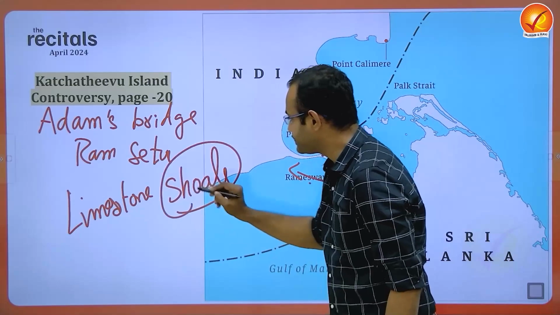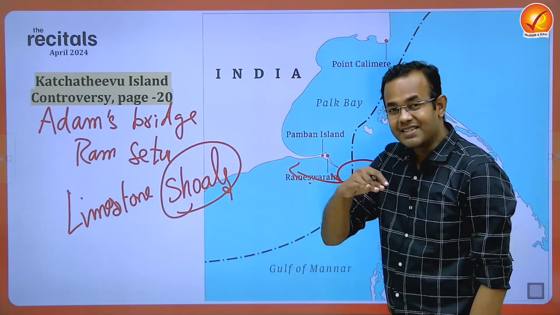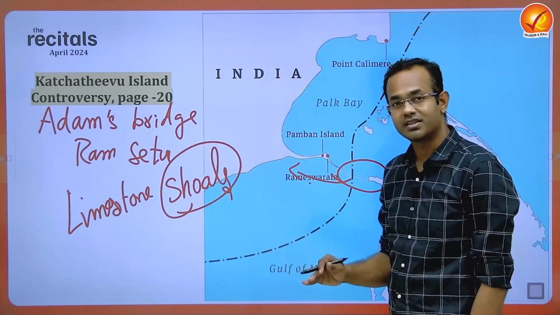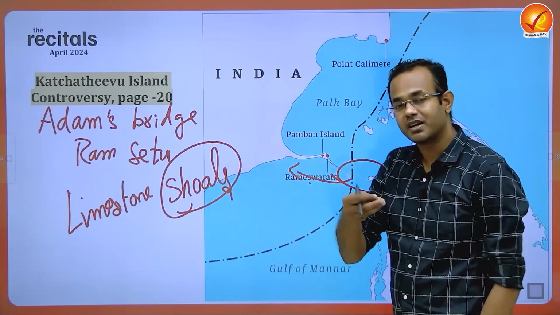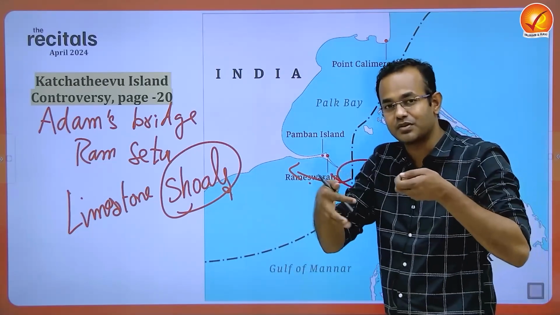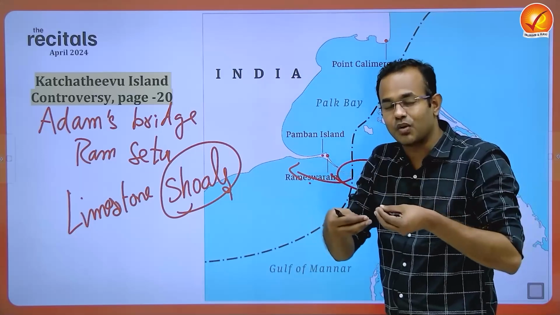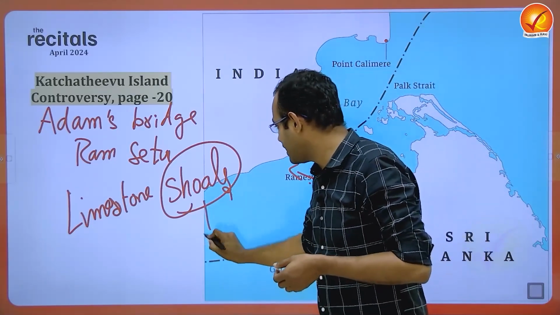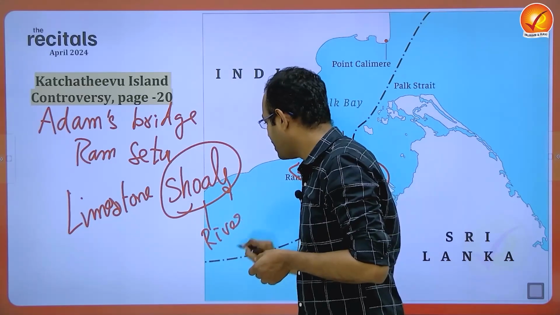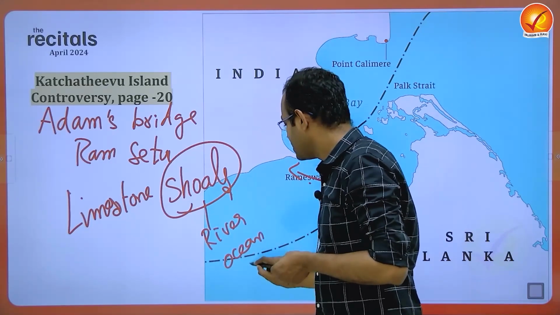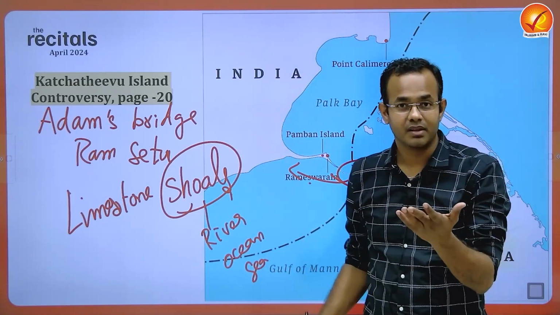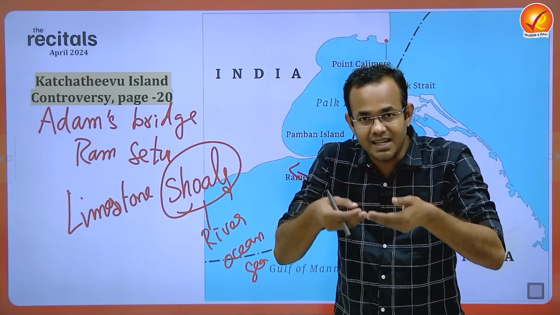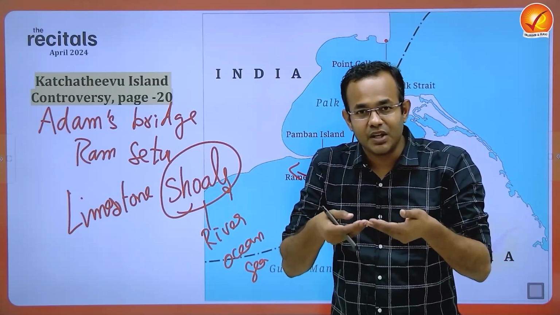Shoals means land which is slightly submerged under water. We use limestone shoals because the region has a large amount of limestone, and the land is submerged under the water. Shoals can be present under a river or under an ocean, sea, or any water body. A shoal is nothing but a land surface which is slightly submerged under the water.